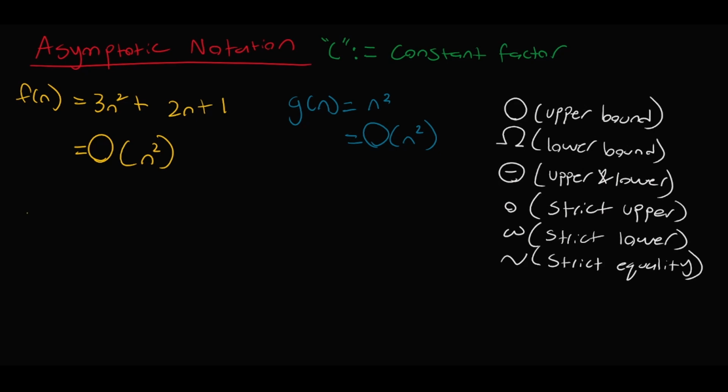So how does f of n relate to g of n? Well, n squared and n squared, n can't really grow any bigger than n squared, so we could say that f of n is big O of g of n.